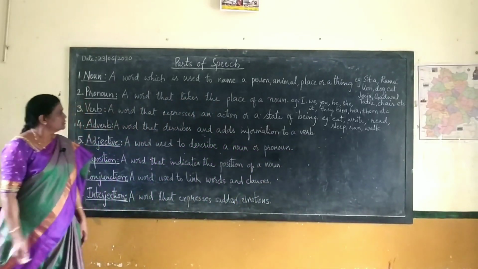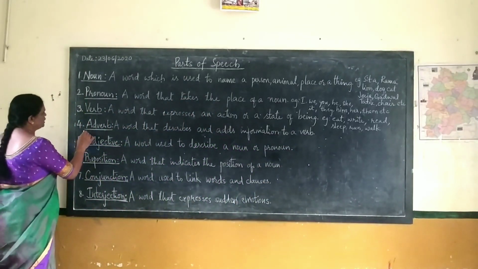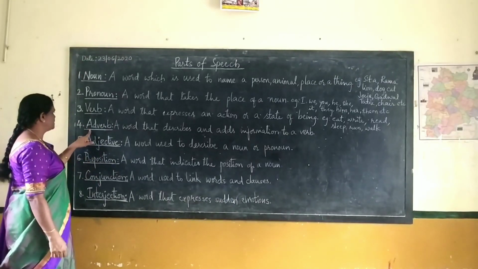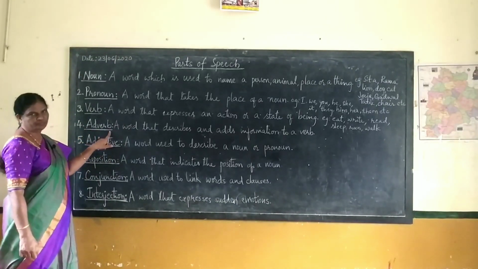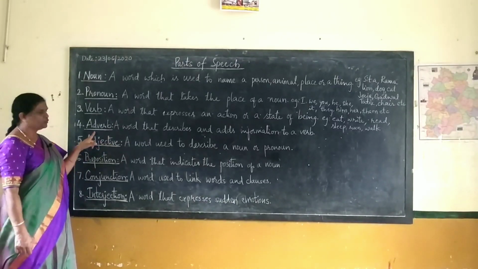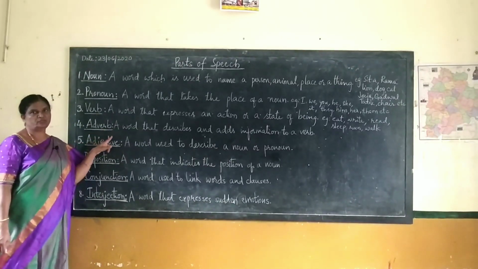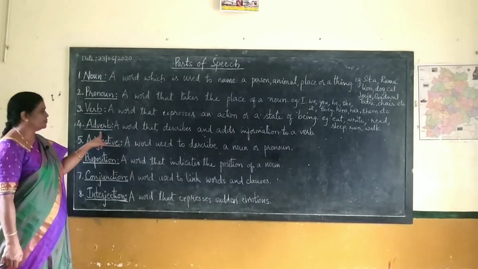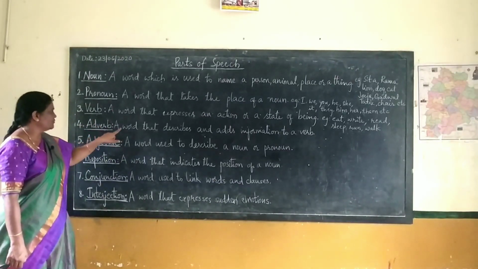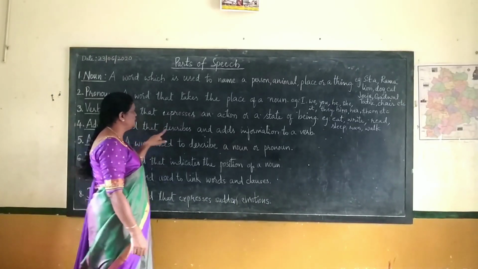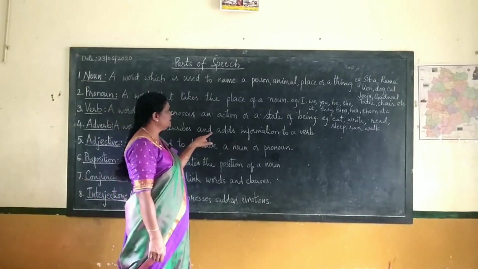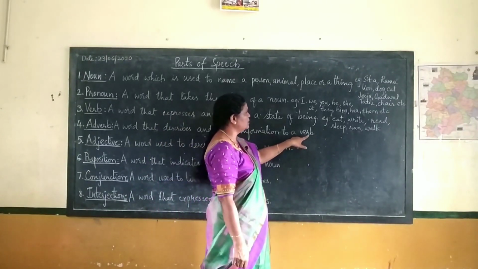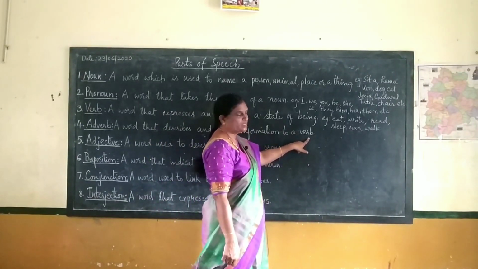Okay? Now let's go into the fourth one. The fourth part of speech is adverb. What is adverb? Adverb is a word that describes and adds information to a verb.